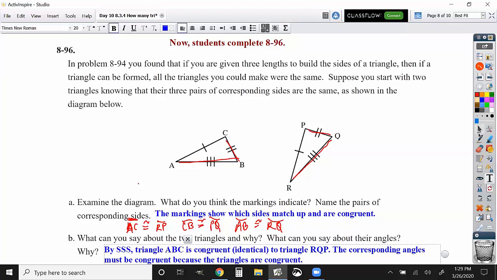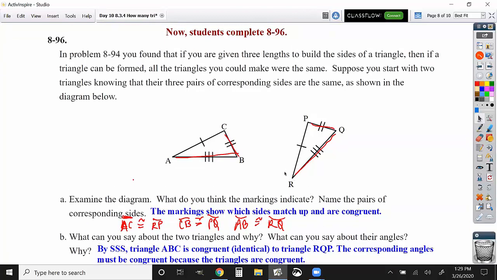So when we were drawing triangles, drawing three angles matching doesn't tell me they're congruent. Three sides matching does tell me they're congruent. Because they're congruent, then I can say that this angle and this angle are congruent, this one and this one, and then B is congruent to Q. So once you know they're congruent, then all their parts are congruent.